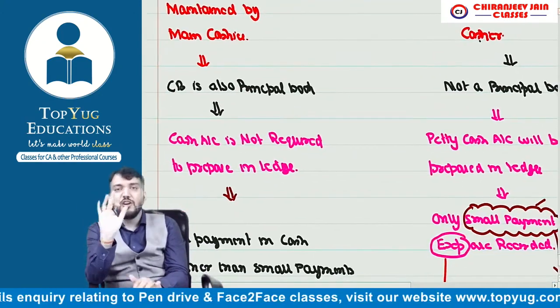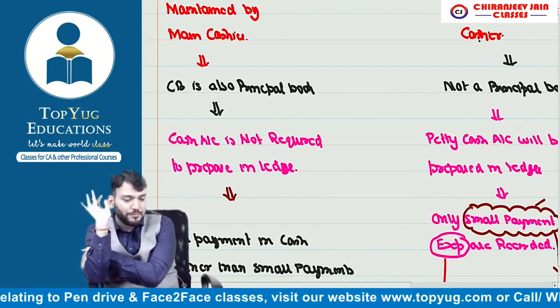Correct. I think you have understood the difference between the cash book and the petty cash book.